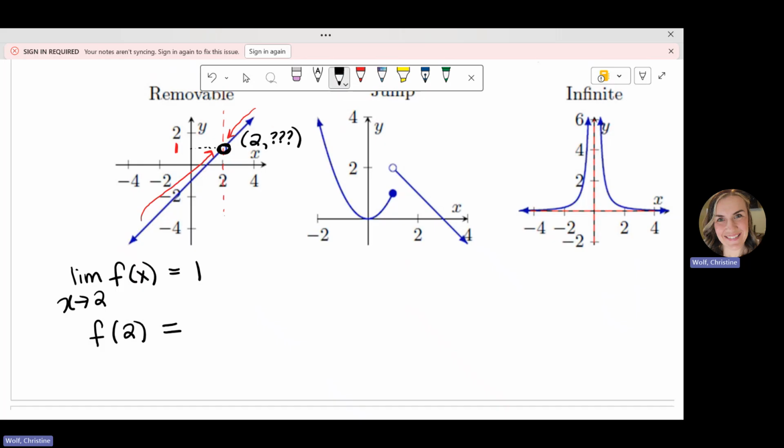It's undefined, okay? It can't exist there. So the function value at 2 does not exist, okay? So that's why it's removable. So removable is always going to look like kind of a nice, straight, solid line, but typically there's a hole in the graph. All right, that's removable.